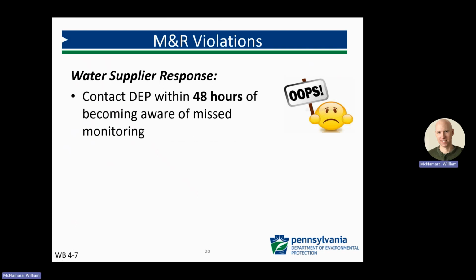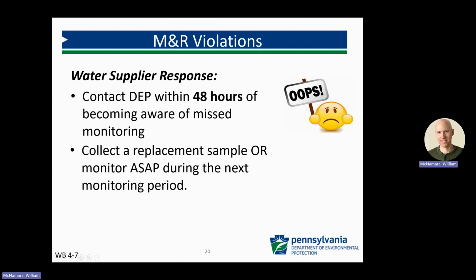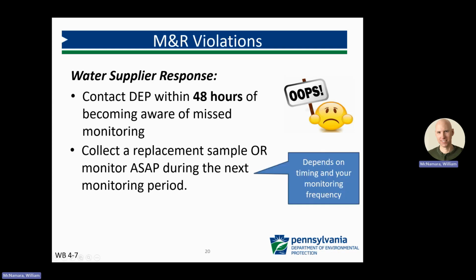Okay, let's talk now about the expected response to monitoring and reporting violations. Well, you have to contact DEP within 48 hours of becoming aware of any missed monitoring. And what we'll talk about is potentially collecting either a replacement sample or monitoring as soon as possible in the next monitoring period. It kind of depends on the timing here.